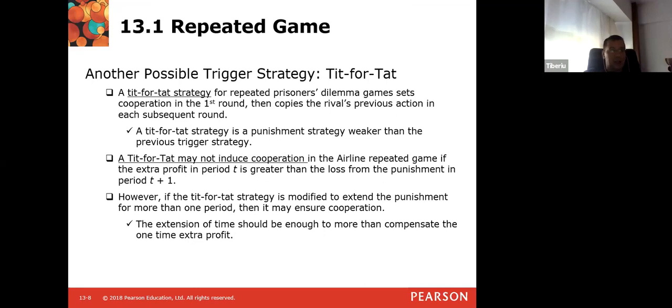So tit for tat may not induce cooperation in the airline repeated game if the extra profit in period T is greater than the loss from the punishment in period T plus 1. However, if the tit for tat strategy is modified to extend the punishment for more than one period, then it may ensure cooperation. The extension of time should be enough to more than compensate the one-time extra profit.